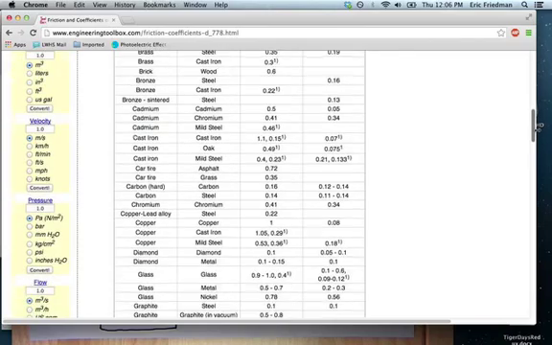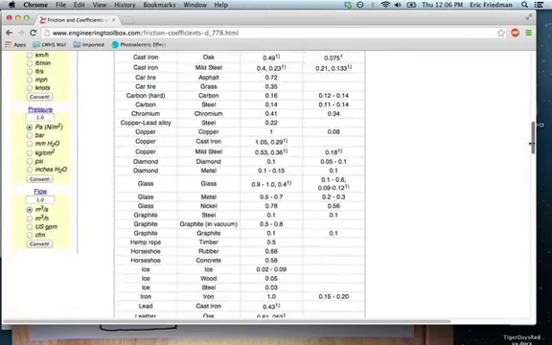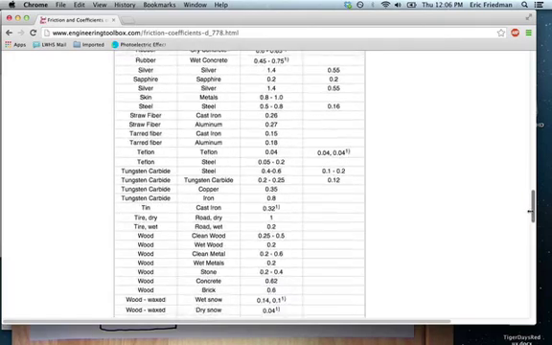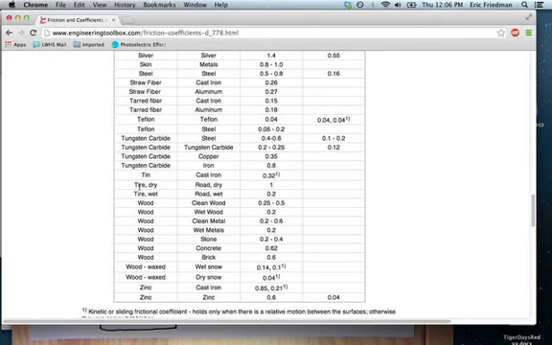Looking through here, I'm going to go down and find tires. And here we go, tire dry on the road. It's about 1, so it seems like that's possible. Interestingly enough, if you have a wet tire on a wet road, it's going to drop down to 0.2. So that's going to be a big difference.